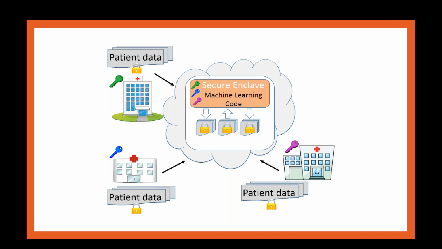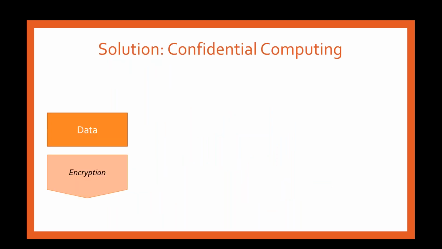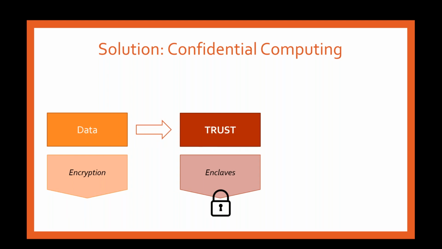So the solution basically consists of encrypting your data. But now, if you encrypt your data, you need to make this data available to machine learning and decrypt. So we need basically to create a sort of trust between all the different parties that can share this encrypted data and store it in a place that is not accessible by anybody else except the machine learning service itself.